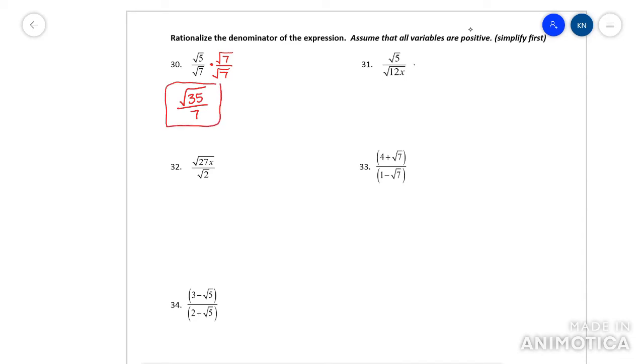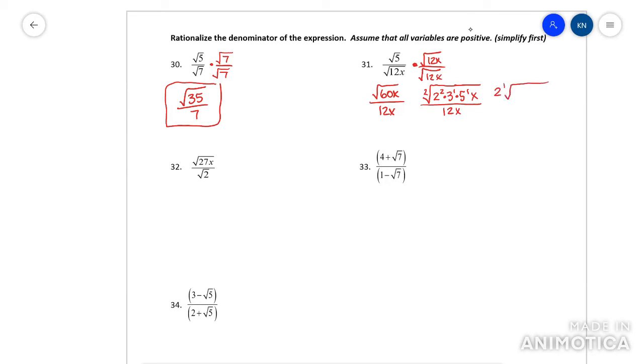Okay, this next one, I would hit it with a root 12x. So on top, it becomes root 60x over 12x. But you can't just assume that you're done. So you would have to break down root 60. Root 60 is 2 squared times 3 to the 1 times 5 to the 1. Which means on top, you can take out a group of 2's.